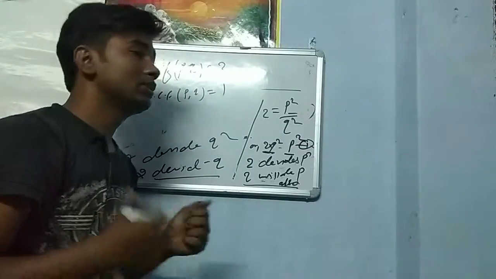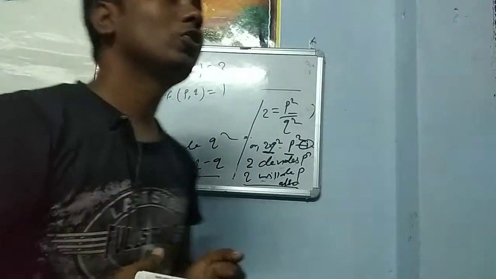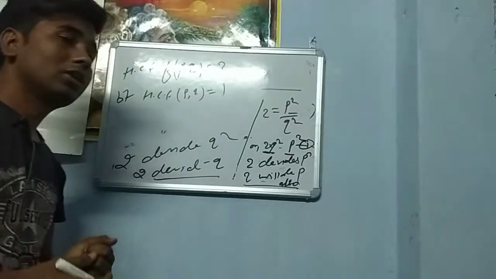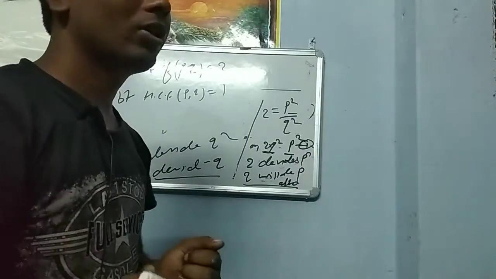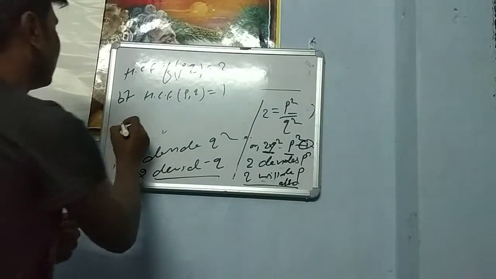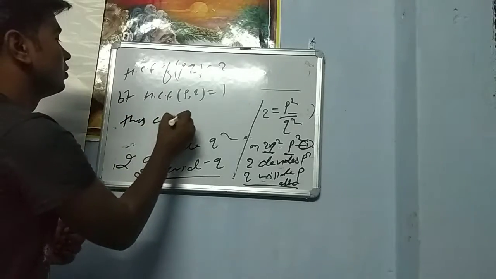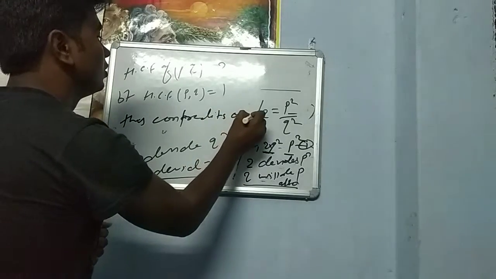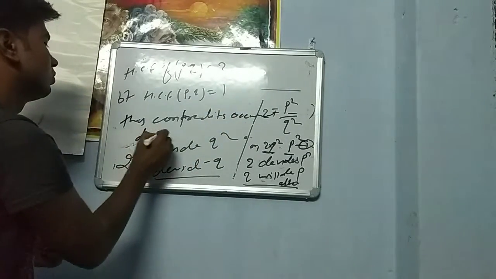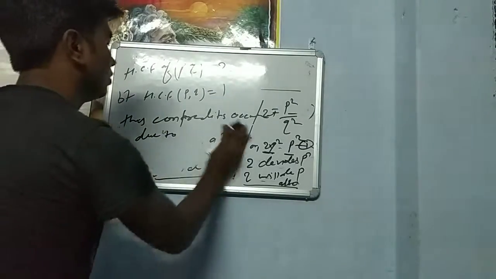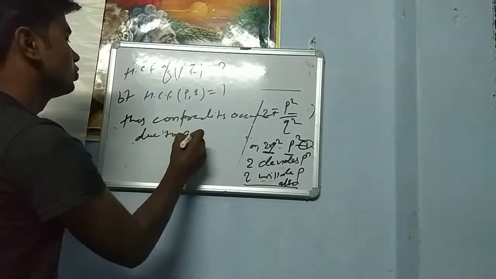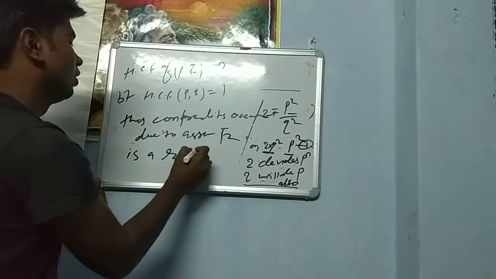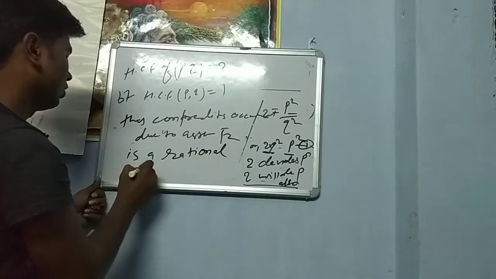And why did this contradiction occur here? Because we assumed it is a rational number. Suppose we had assumed it an irrational number, the contradiction wouldn't have occurred. So we will say this contradiction occurred due to assuming root 2 is a rational number.